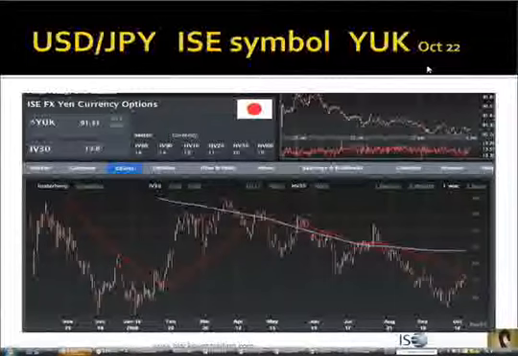This is just a basic chart you're all looking at, and this is one of the pairs that you can trade. As Jack was talking about, obviously the yen has rallied quite a bit, although this is the dollar versus the yen, and you'll notice that recently the yen has not performed as well as it did earlier in the year.